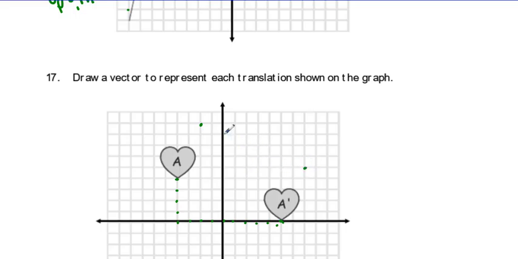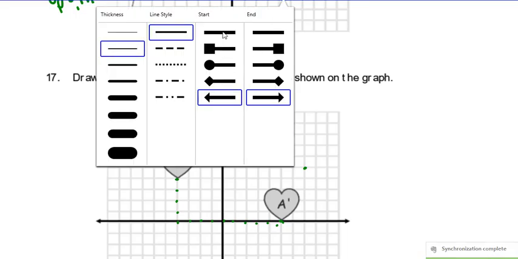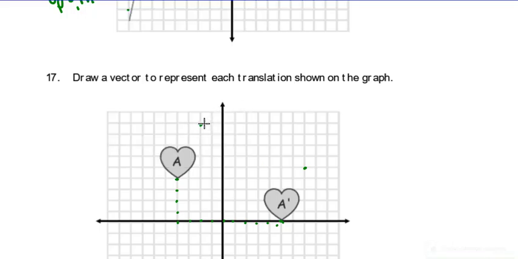So I need to connect that with a line. There we have a vector. Here's my vector. Just make sure you can tell that those are the arrows.